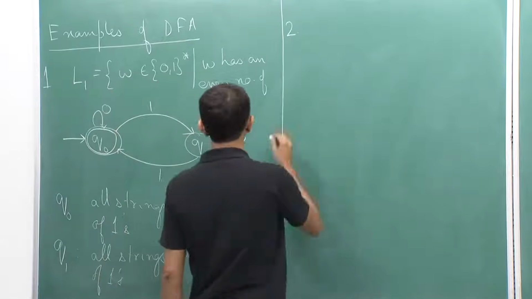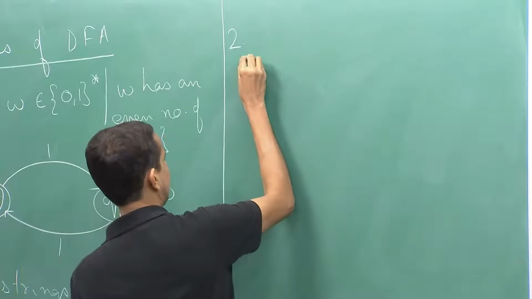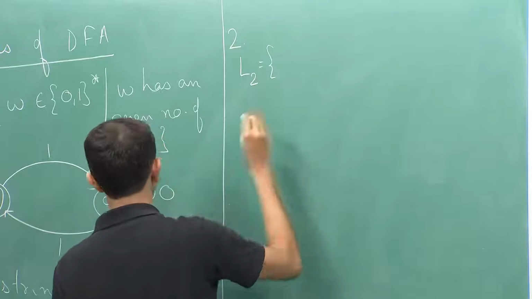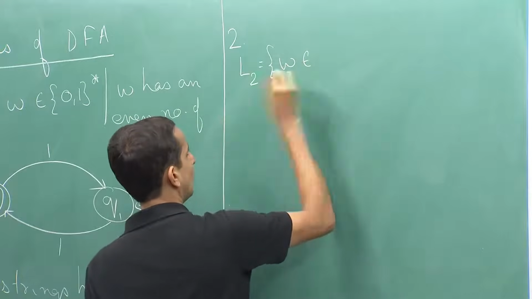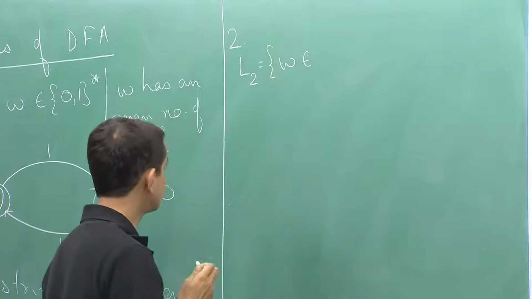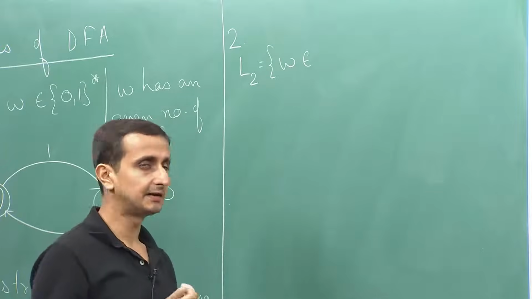So, let us look at a language consisting of all strings over, so, let us in this case change the alphabet.